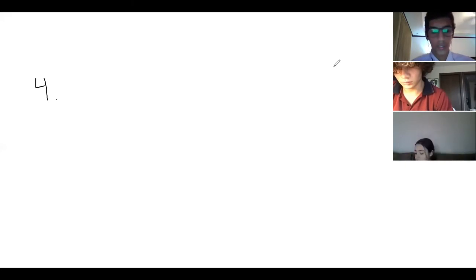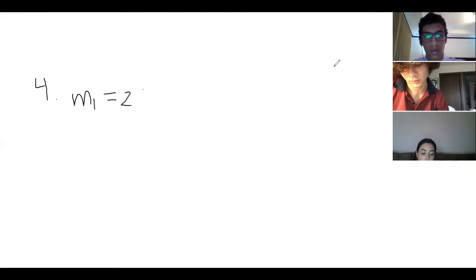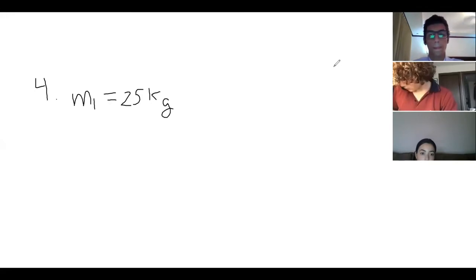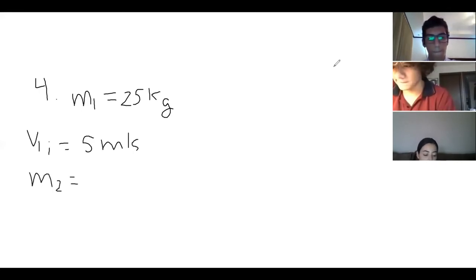Great. So can someone please tell me all the information given in the problem so I can copy here for everyone to see? Mass 1 is 25 kilograms. V1 initial, velocity 1 initial is 5 meters per second. Mass 2 is 35 kilograms.